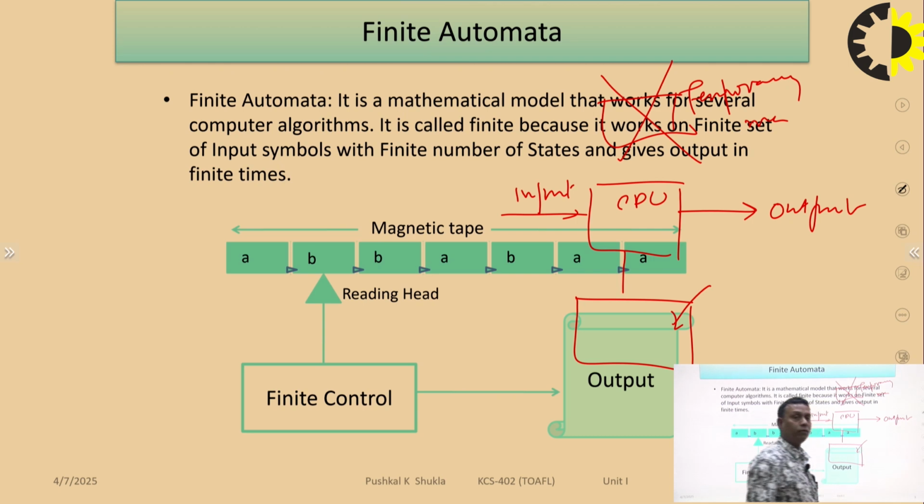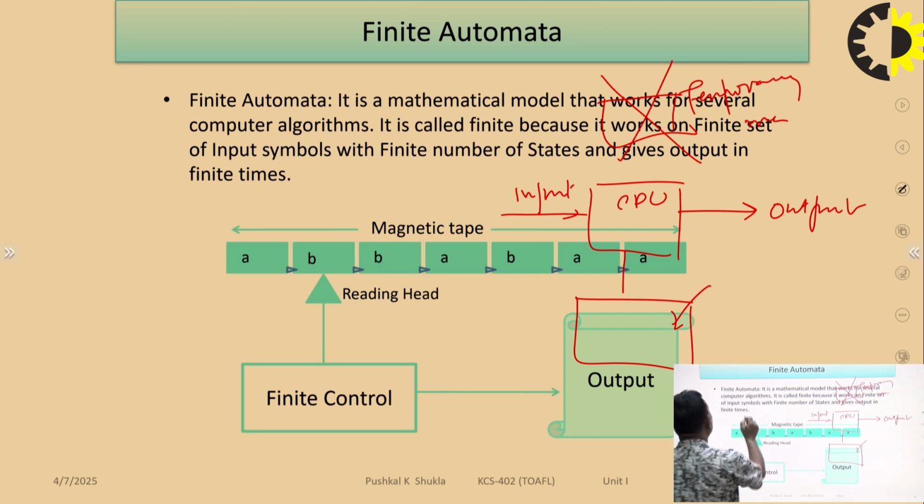Initially, when computers came into existence, they took the inputs, processed them, and then provided outputs, and there was no storage concept, just like a vending machine. So automata is a simple, abstract model which takes inputs and provides outputs without the intervention of human beings.